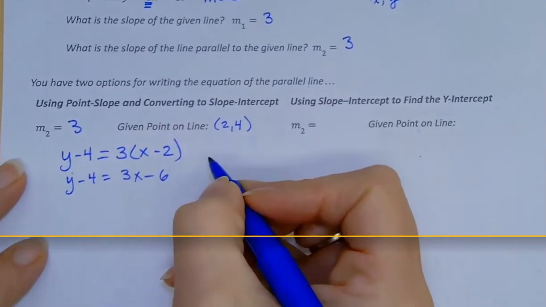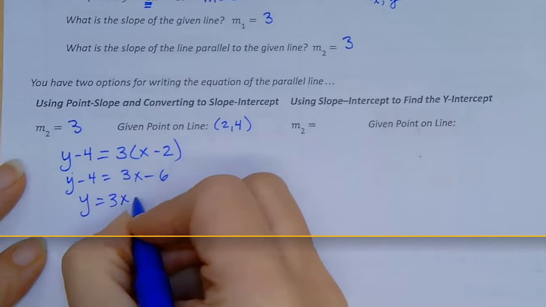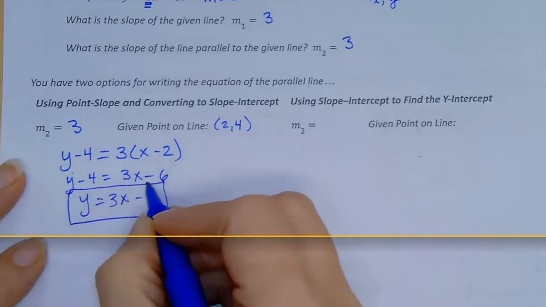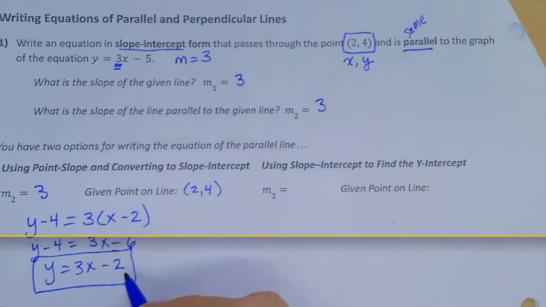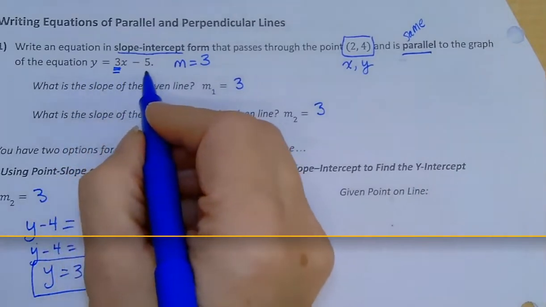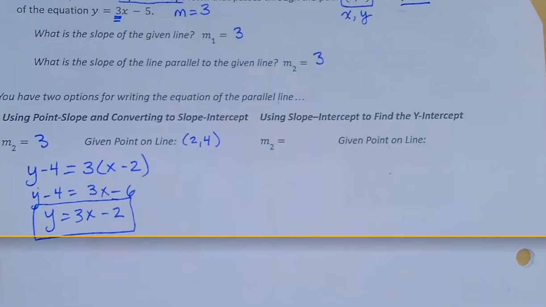And I'm going to add 4 to each side, so I have y equals 3x minus 2. This is my equation of the line in slope-intercept form that passes through point (2, 4) and is parallel to this equation. Try it out on Desmos, see if you believe yourself.